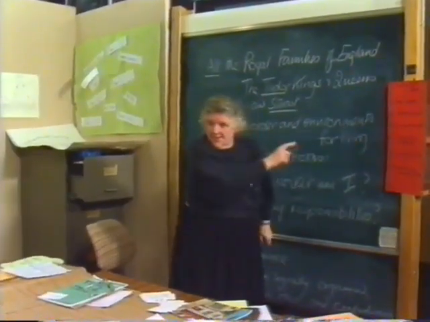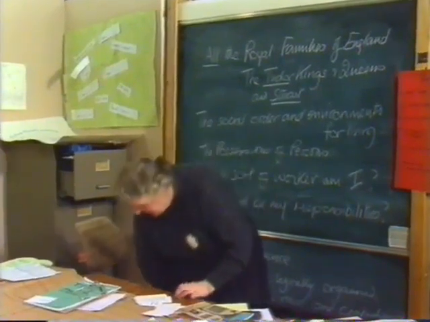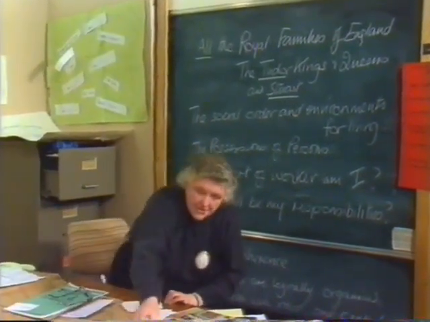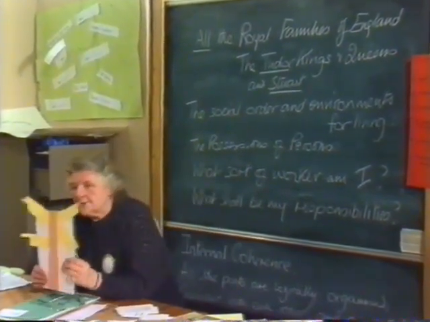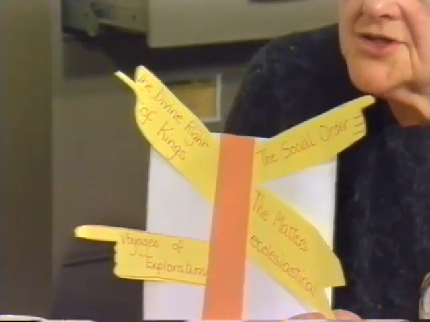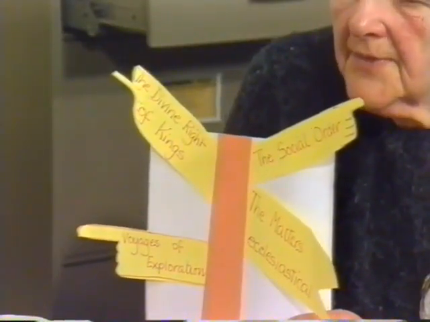Now I'm going to pull this down and show you again this design. I feel I'm yelping at you horribly, but you know, butt in. Four things seem to me important that the children should grasp. One is that it was a time of great explorers. The world suddenly expanded.